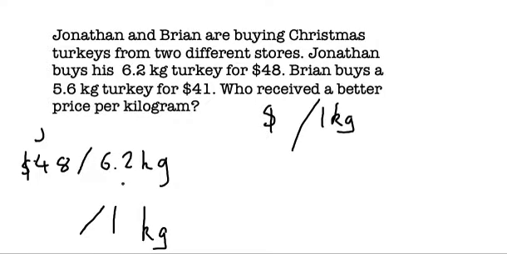How I do that is I'm going to go from 6.2 to 1. To do that, I'm going to divide by 6.2. And I have to do the same on the other side to keep it the same rate. Okay, so divide this by 6.2 as well.